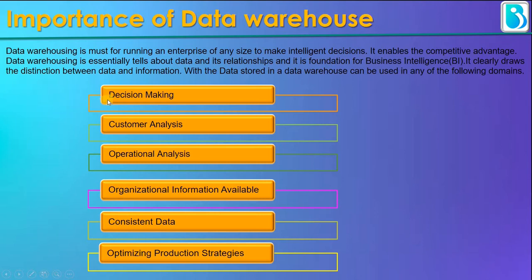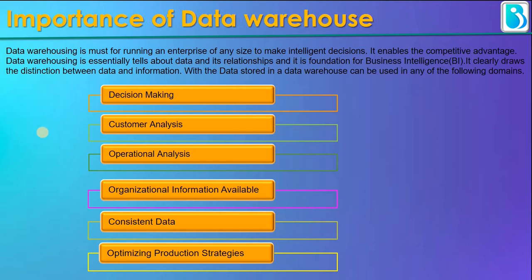One is decision making. By using the data stored in the data warehouse, we can query it with different types of queries and take decisions based on the reports generated. Okay, and customer analysis. We can predict customer behavior by analyzing the customer data.